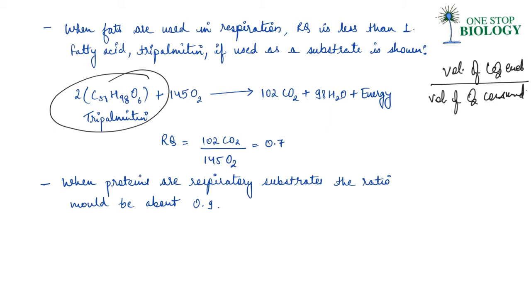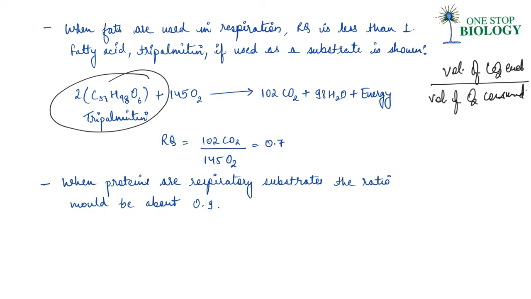And what we get is 102 carbon dioxide and 98 water. And then energy is released. If you calculate here the respiratory quotient, it will be 102 carbon dioxide divided by 145 oxygen, and it will come about 0.7, so it is less than 1.